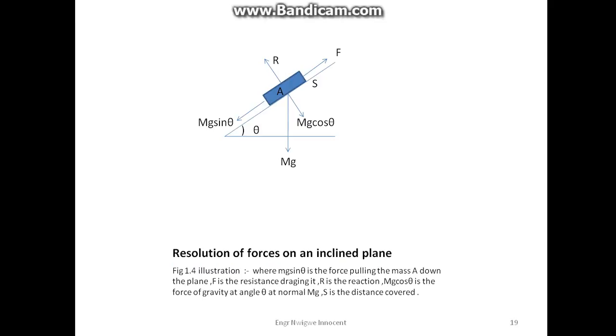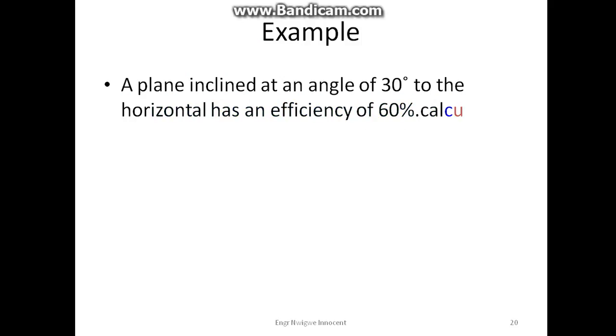Example 4. A plane inclined at an angle of 30 degrees to the horizontal has an efficiency of 60%. Calculate the force parallel to the inclined plane.